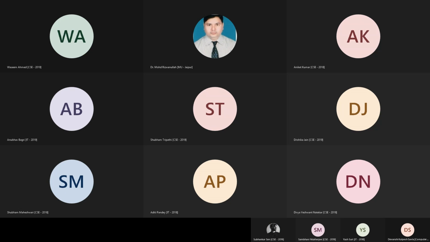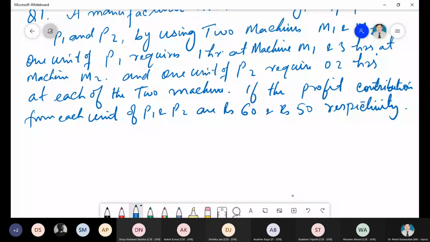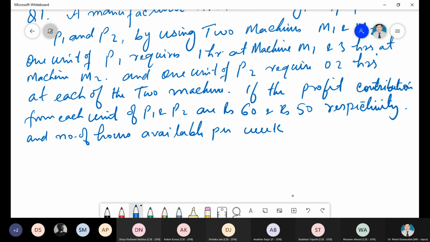Respectively, and the number of hours available per week on machines M1 and M2 are 40 and 60 respectively.